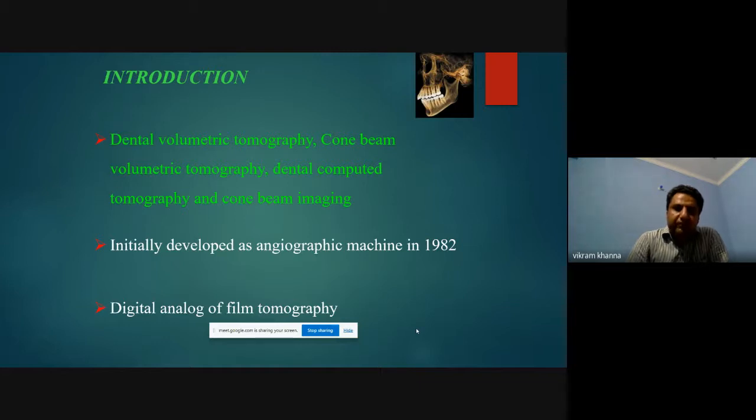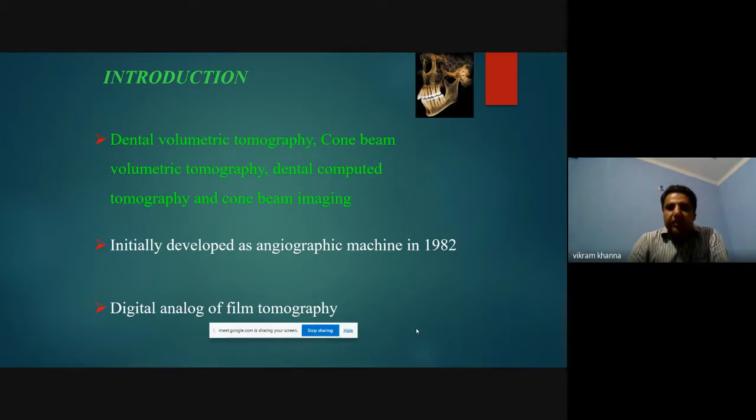So that's why they called this volumetric tomography. Tomography means a slice, and graphy means imaging. So it can take an image of one slice only, and they have included volume into it, so they have called it dental volumetric tomography.